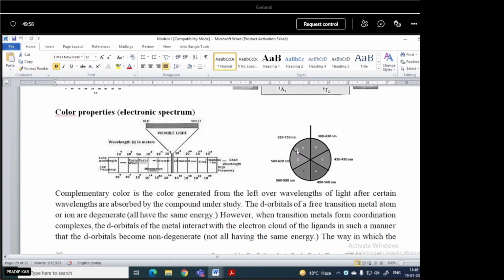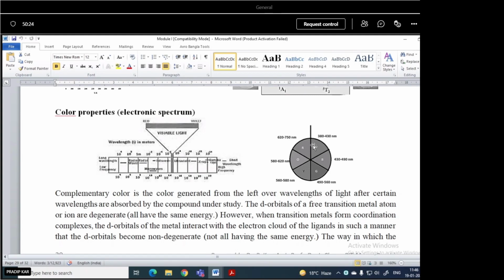This is known as complementary color. The color absorbed is not what we see; the complementary to the color absorbed is what we see as the actual color. Means a red shirt appears red because it is absorbing in the green region. Is it clear?